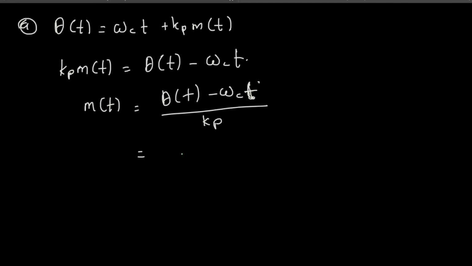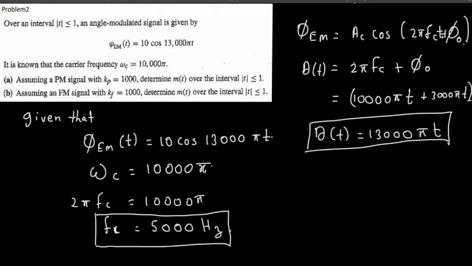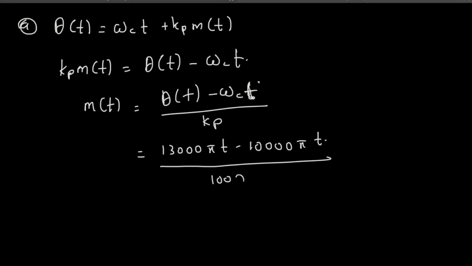Now we know that theta of t is 13,000 pi t, and omega_c t is 10,000 pi t, and that divided by kp, that's provided in the question, that's 1000. So we are going to get 13,000 minus 10,000, that's 3,000, divided by 1000. So we are going to get 3 pi t. Okay, so m(t) is 3 pi t.